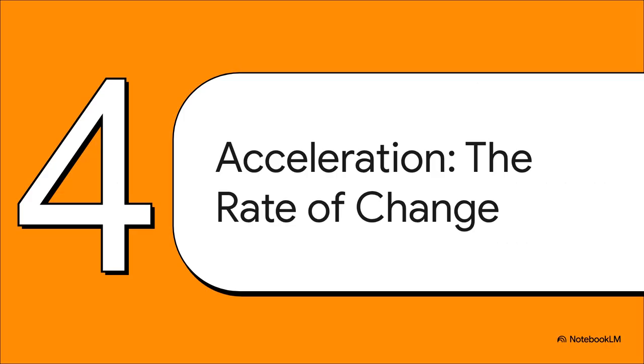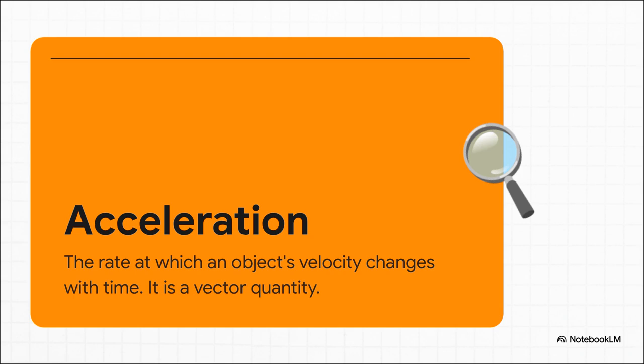All right, now that we've got a handle on velocity, we can finally talk about the last piece of this puzzle: acceleration. And here's the connection. If velocity is about a change in position, acceleration is about a change in velocity. So, acceleration is just the rate of change of velocity. Now, this is a huge point, so listen close. It's not just about speeding up, because velocity has both speed and direction.